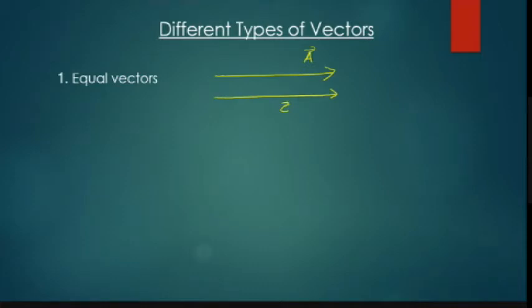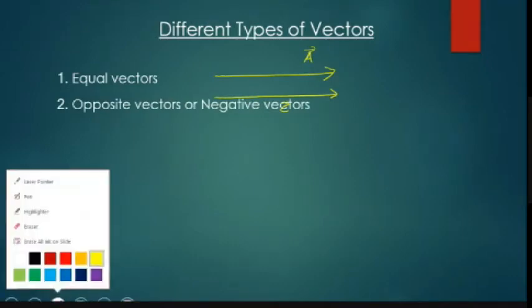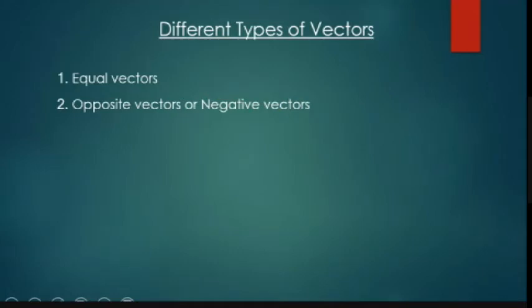Okay. Now let's take another type: the second type is opposite vectors or negative vectors. Can you say what the opposite or negative of a vector will be? What about magnitude, and what about direction? The direction and the magnitude are opposite.